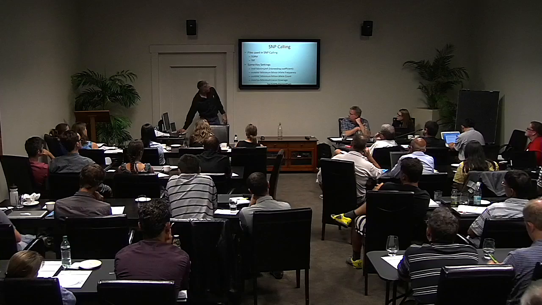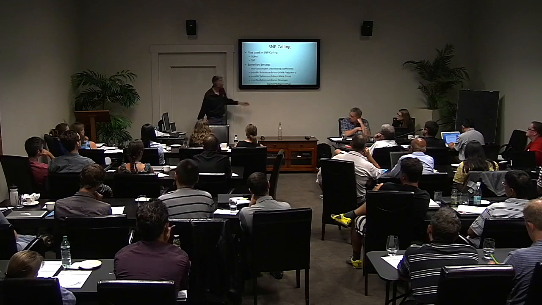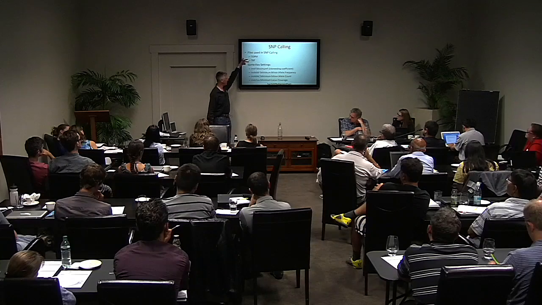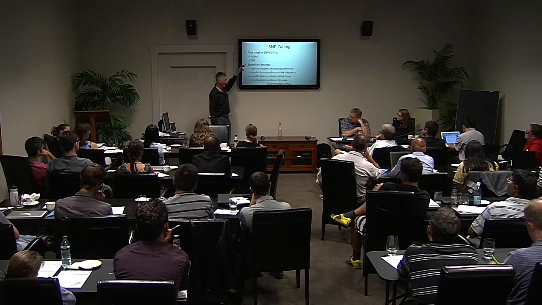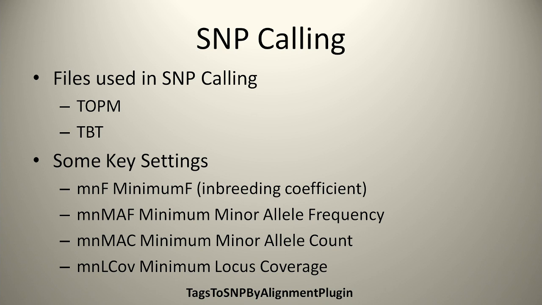Okay, so SNP calling. So you use those two files. And I was going to ask you again, Jeff, to talk about the key settings in the SNP caller. So the minimum F. That's the minimum inbreeding coefficient. If you're a population geneticist, it's an FIT, but it controls how much heterozygosity you want there.